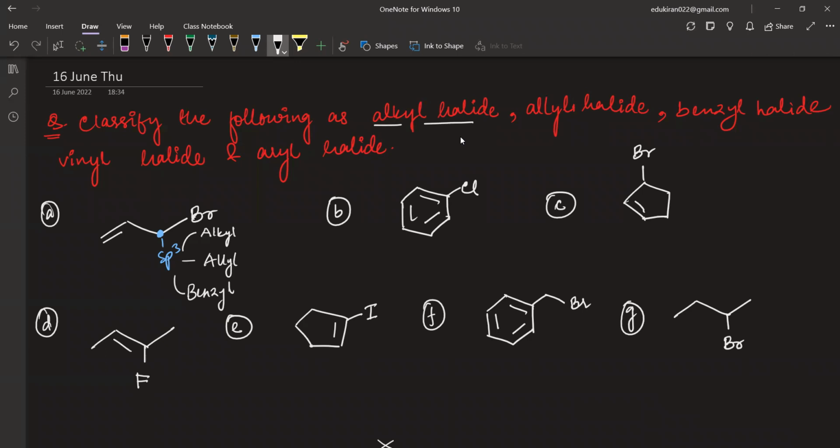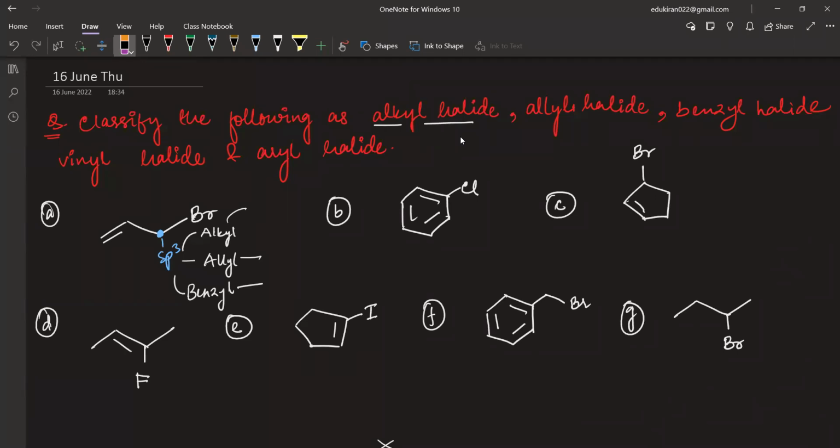Whether it is alkyl, allyl, or benzyl. If you don't remember the definition, then you look at the definition of alkyl halide, allyl halide, and benzyl halide. Look at all three definitions and then choose. It will be one of them, right?